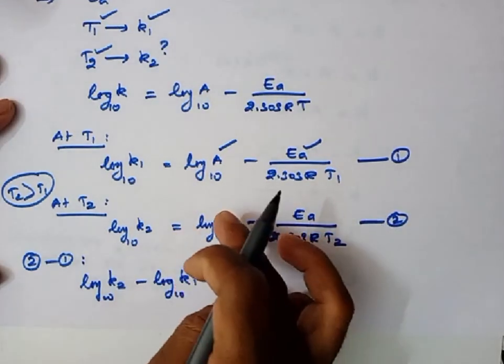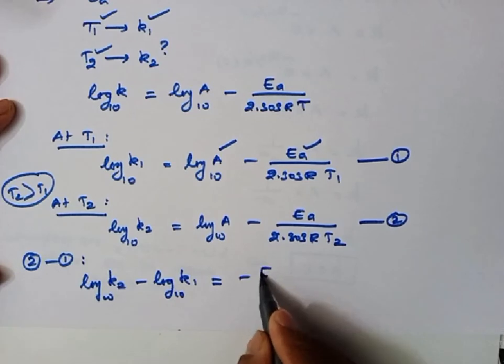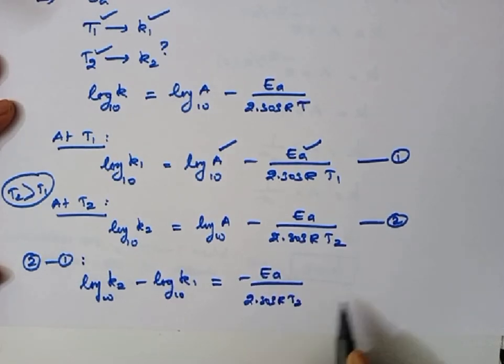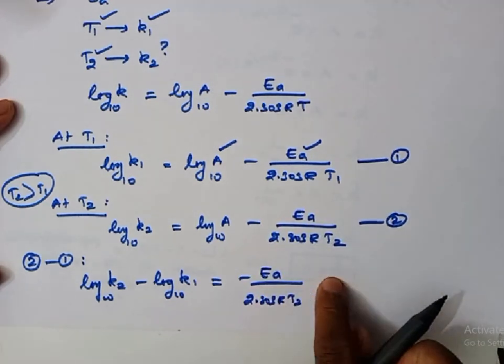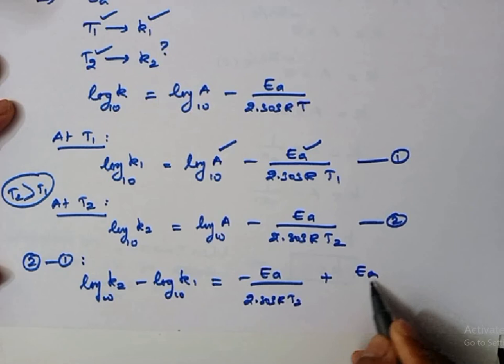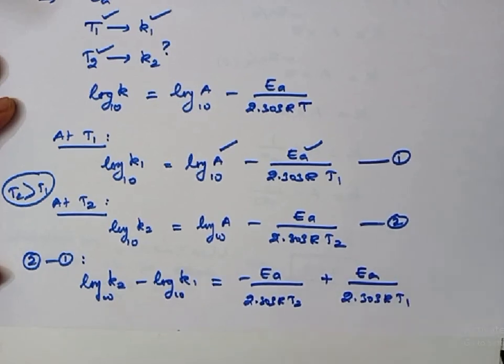On the right hand side, log A cancels, so we have minus EA by 2.303 R T2 as the first term. Then minus of minus becomes plus, so we get EA by 2.303 R T1.